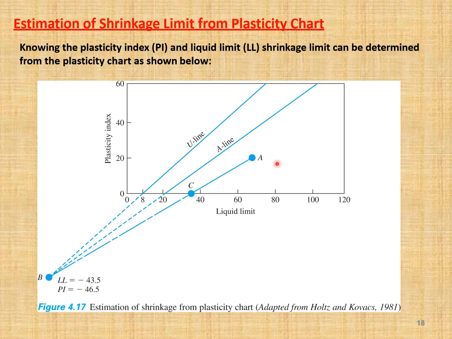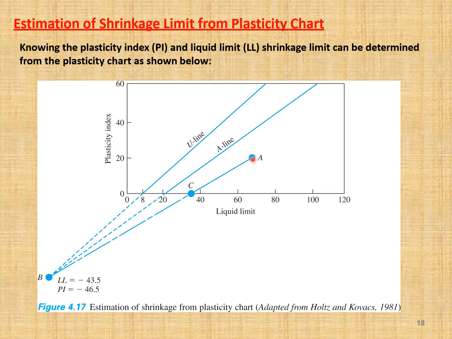Let's say you have determined the liquid limit and the plasticity index for one particular soil, and your soil is this one at point A. Now just extend the U line in this way, and by extending the A line this way you get the point of intersection, this is point B.